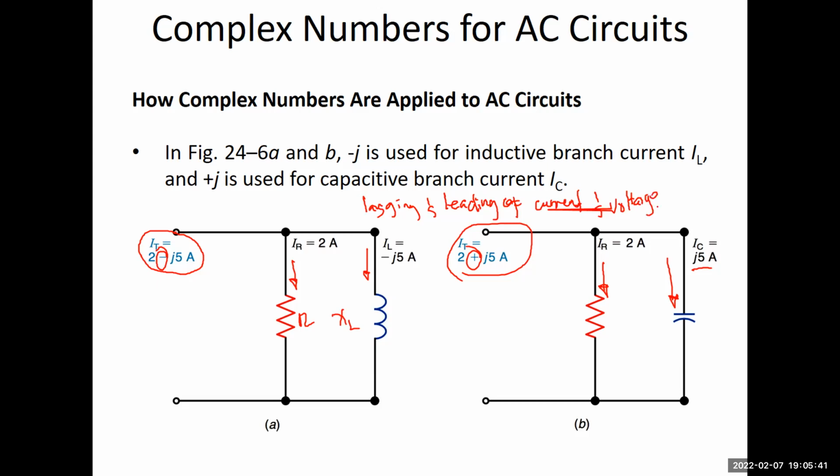As a general rule, the voltage and the current are always out of phase by 90 degrees.